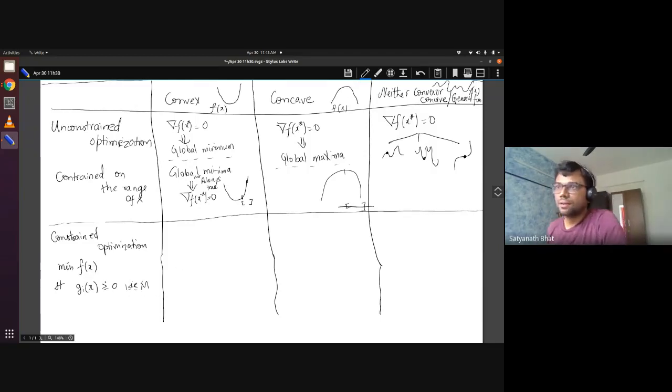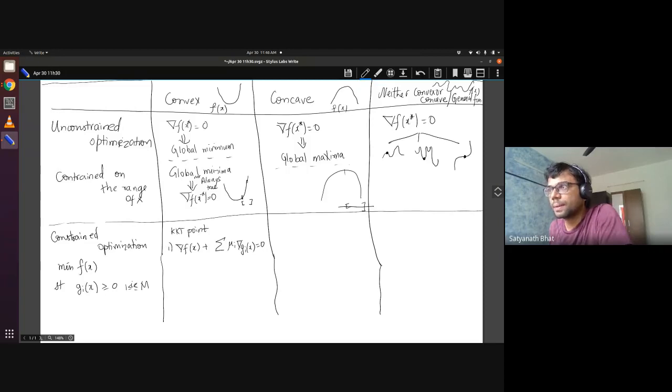So yesterday we defined what is called a KKT point. A KKT point satisfies several constraints. One is gradient f of x plus summation mu_i gradient g_i of x is equal to 0.